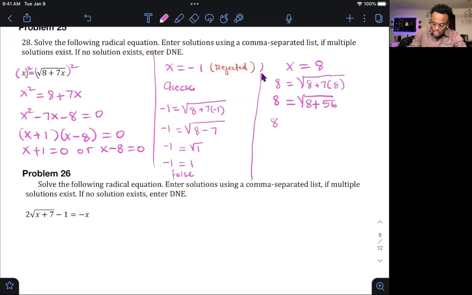And then that's 8 equals square root of 64. And then 8 equals 8, checks. So your solution is 8.